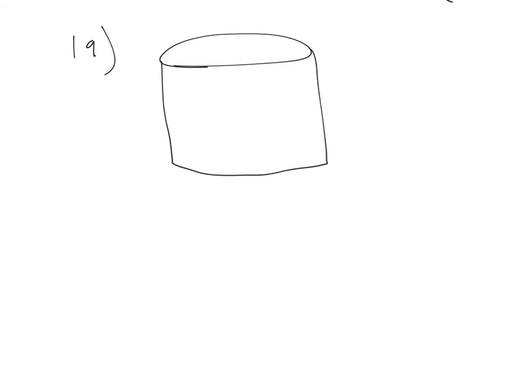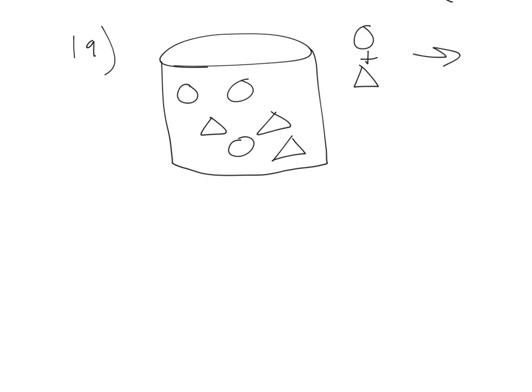If two of the gases combined and formed another gas, would it affect the partial pressure? Okay, let's make two gases, circle and triangle. So I've got a bunch of these floating around. Let's say that they combine together and they form square.